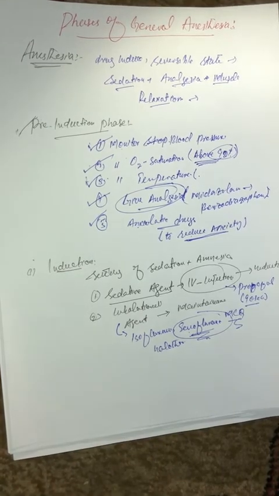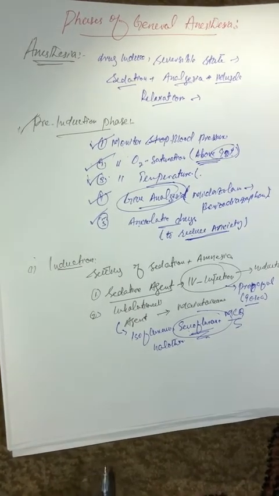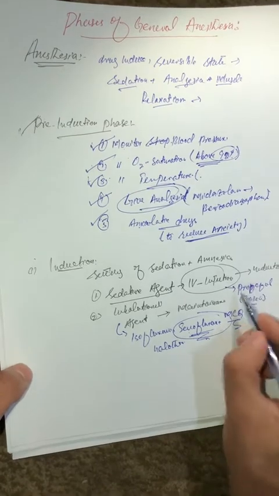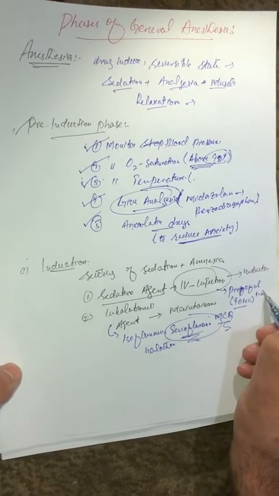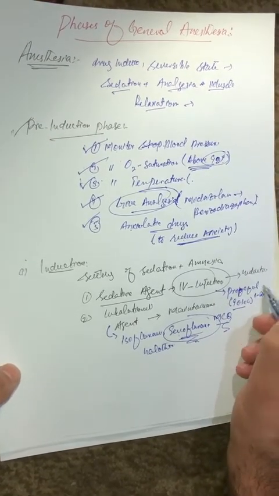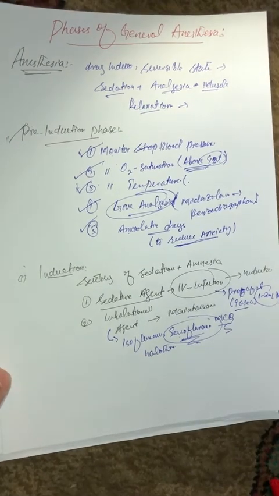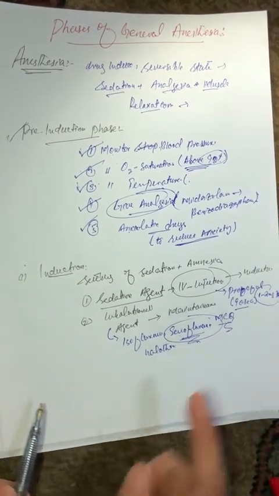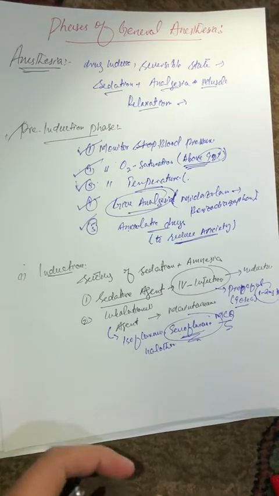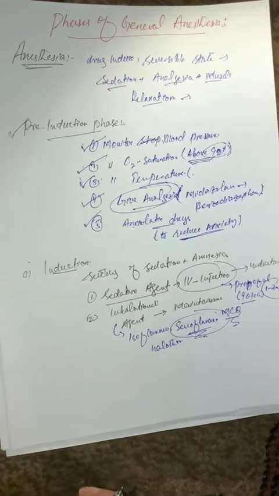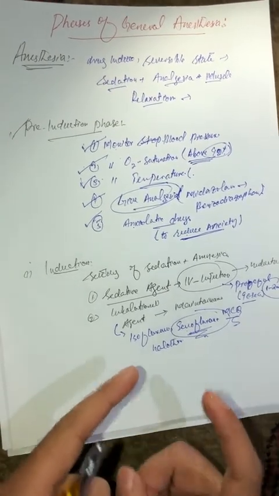The patient will go to sedation after the propofol injection, which is usually used at 1 to 2 milligram per kilogram of body weight. So the patient will go to sedation, and to prevent the back fall of the tongue we will do two types of procedure.